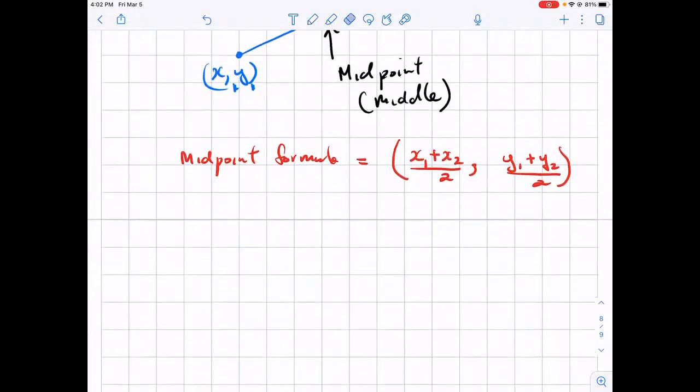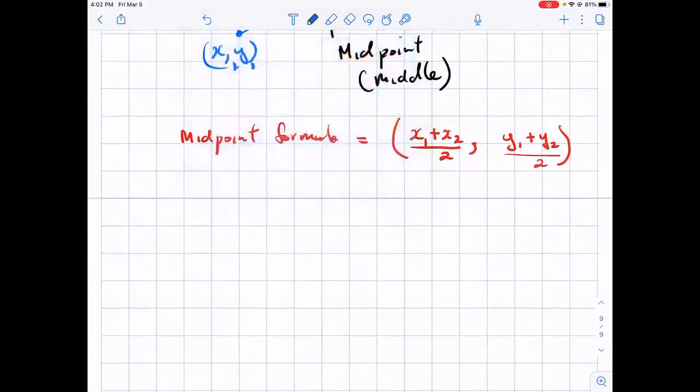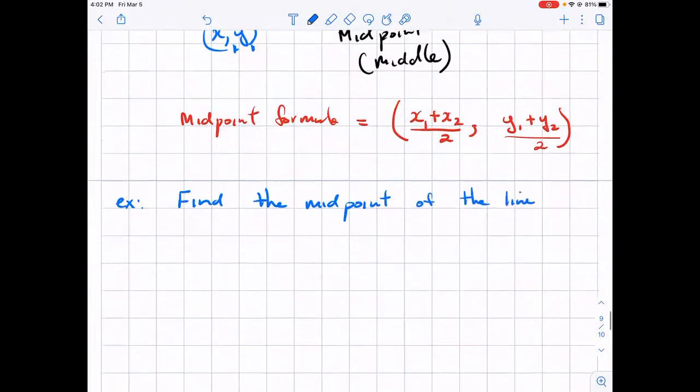So let's look at an example. Let's find the midpoint of the line segment joining the points.